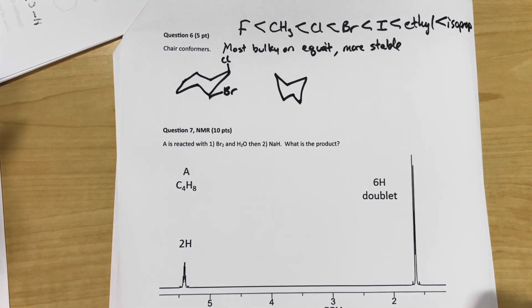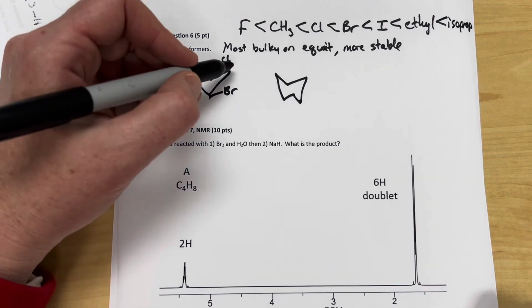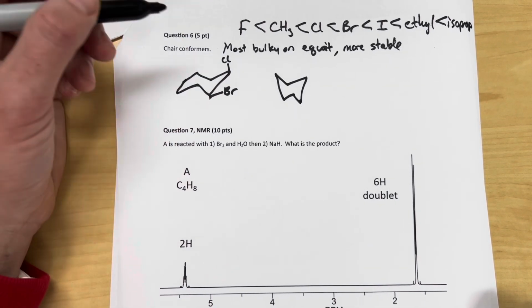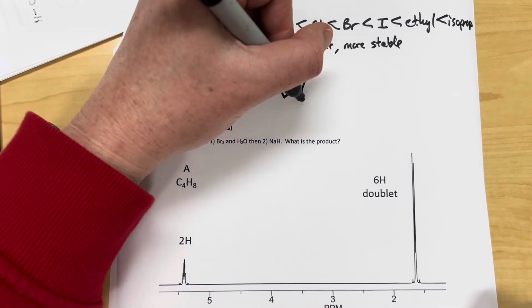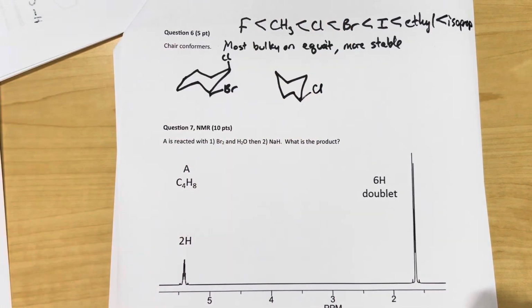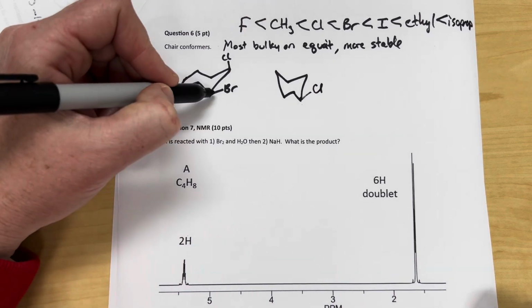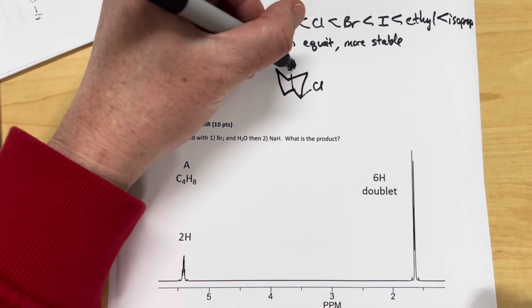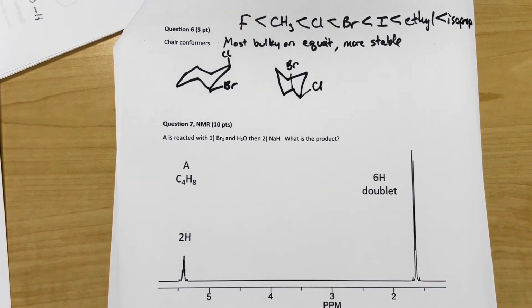Okay. So what was up stays up, but if it was axial, it becomes equatorial. So that means this one right here is now that one. What was up stays up, but what was axial becomes equatorial, and what was equatorial becomes axial. So you'll end up with something like that.